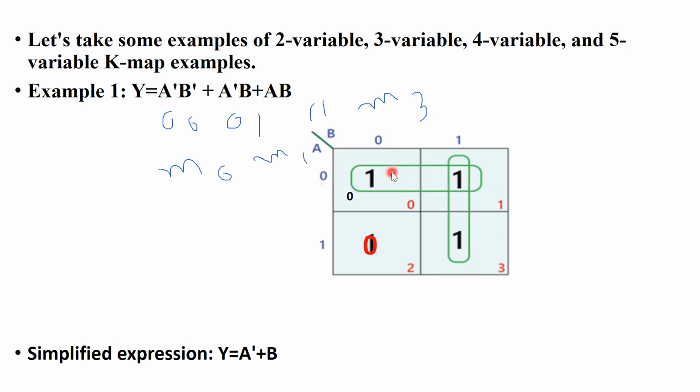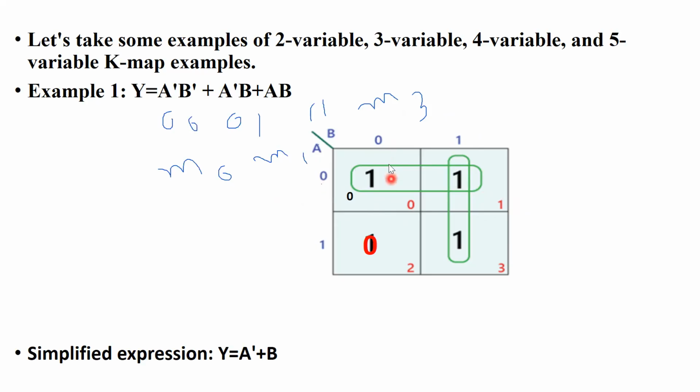But what happens to B? As I go from M0 to M1, the value of B changes from 0 to 1, while the value of A remains the same. What is changing, we are not counting. So what will be the answer for this? Only A dash, because A is 0.